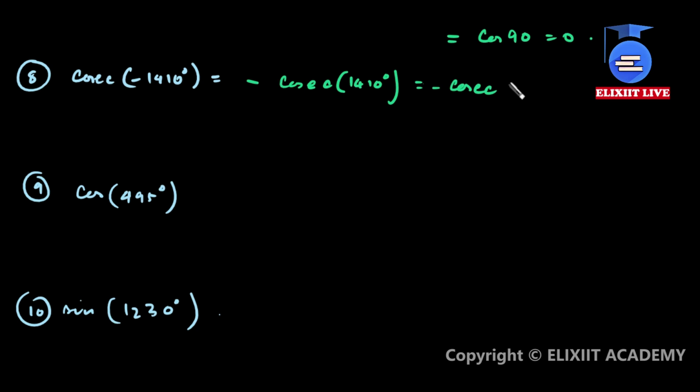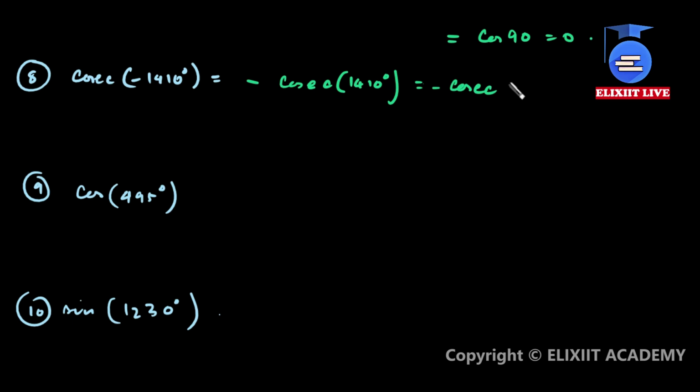What is the multiple of pi close to 1410? 1440. Then we have 4 times 360, that is 1440.